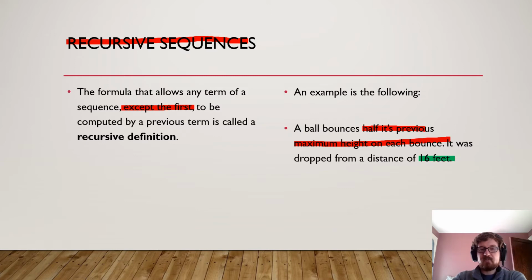Well, our first term here is the 16, and each time it's half of its previous term. So this would be its sequence. We go A1 is 16, A2 is 8, A3 is 4, A4 is 2, A5 is 1, A6 is 0.5, A7 is 0.25, so on and so forth. This would keep going forever in our example.